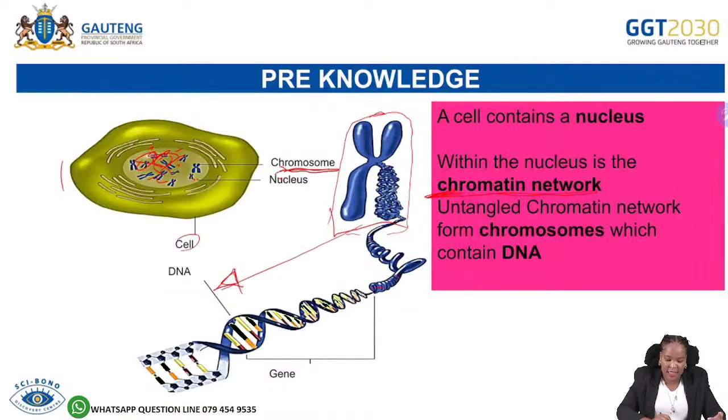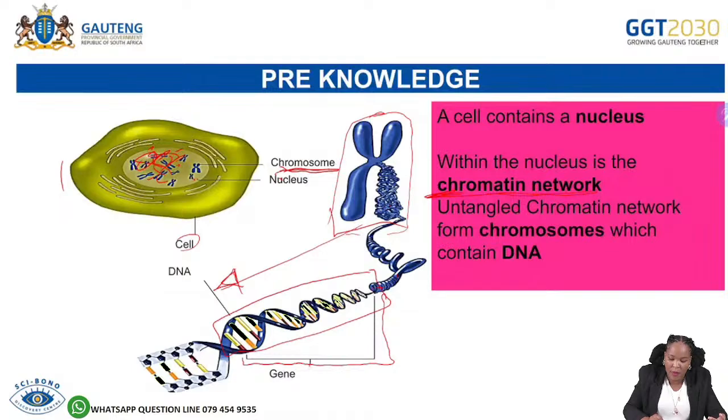Then on this DNA, a large segment of DNA that is coding for a particular characteristic or a trait is called a gene. Now this whole segment here is a segment on DNA that is coding for a particular characteristic.